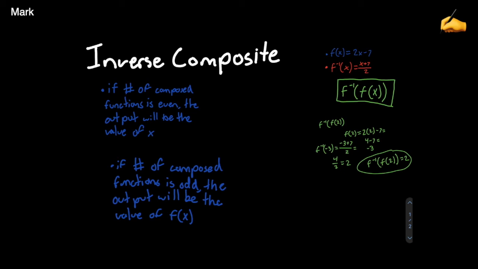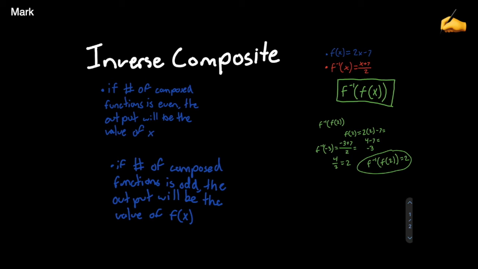So let's think about this. If the total amount of composed functions is even, so if we have something like f⁻¹ of f⁻¹ of f of x, then the value of x will be the same as the value of the output of that composite function.